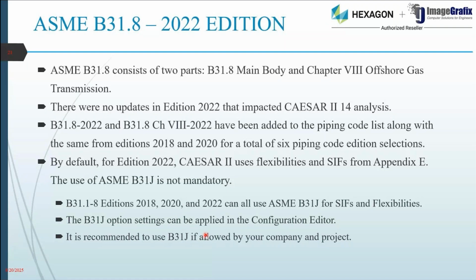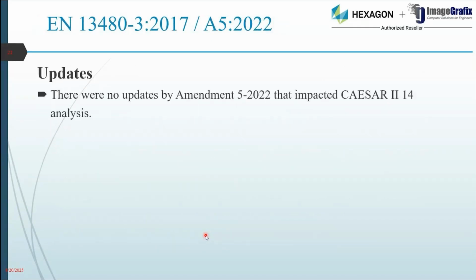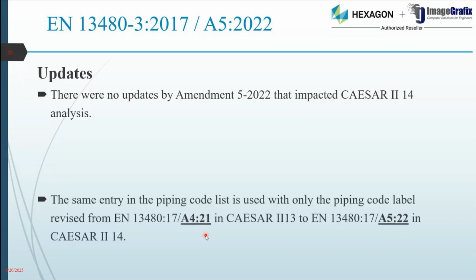As I was already mentioning, if required, the user has the freedom of using the B31J flexibilities and SIFs when and where required. And even EN 13480 does not have major updates compared to the lower versions, so the code release amendment has been performed, and that is what is included in Caesar.